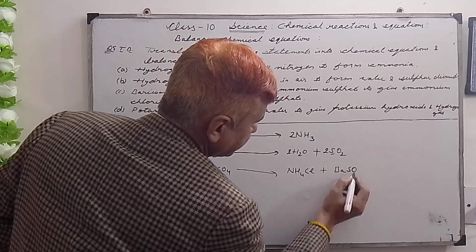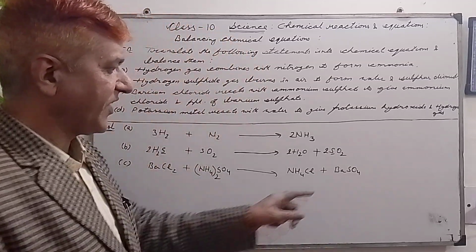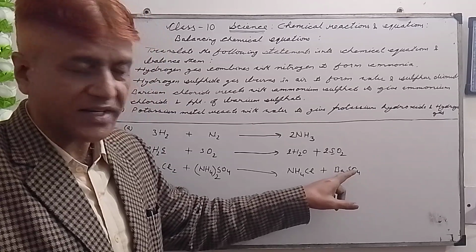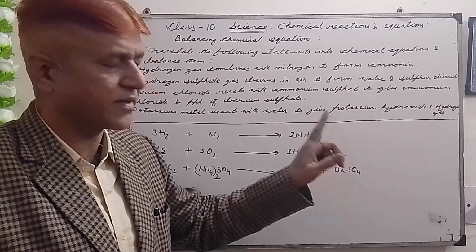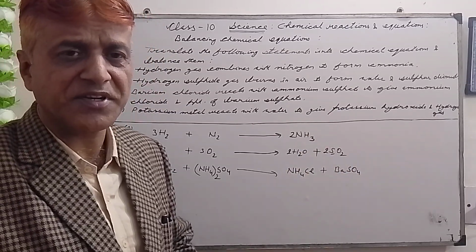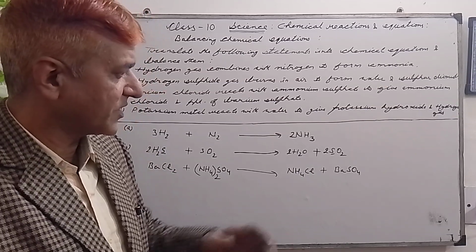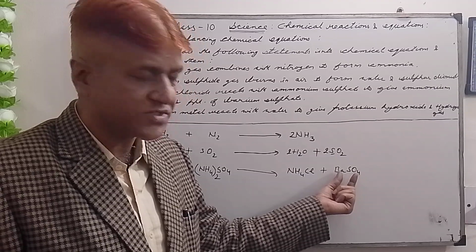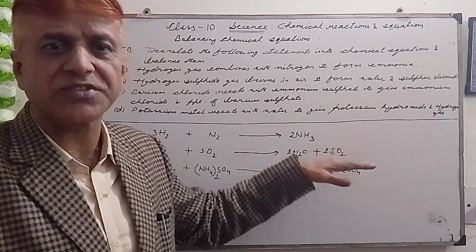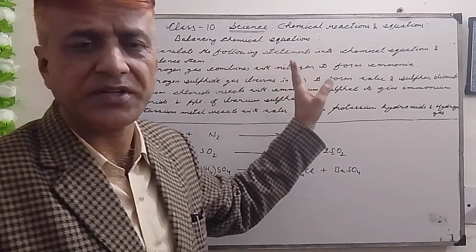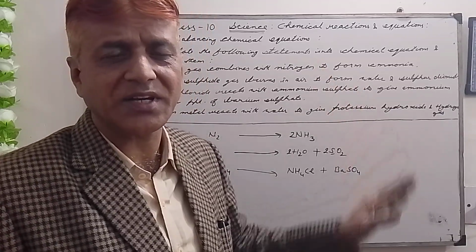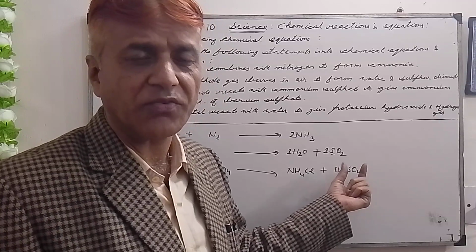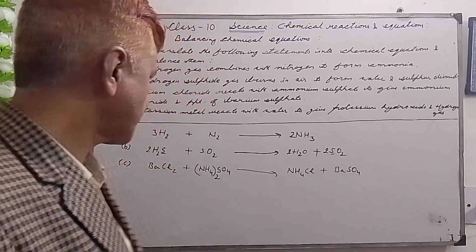Now the valency of sulfate is 2, the valency of barium is also 2, the 2s will get cancelled, so we have barium sulfate, BaSO4. Again, my dear students, if you want to learn how to write chemical formulas for chemical compounds, then please watch our previous 2 or 3 videos. In those videos I have discussed in detail how to write chemical formulas of various chemical compounds.